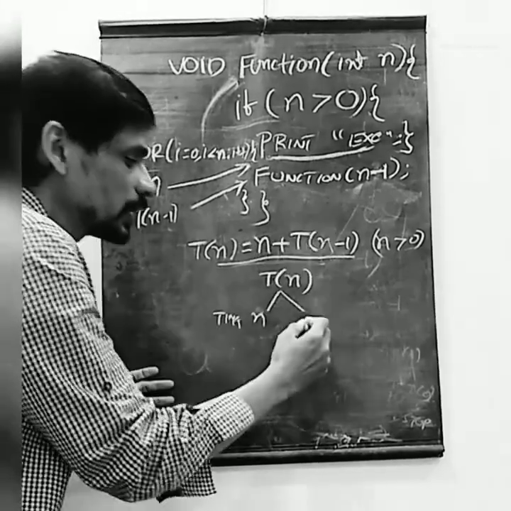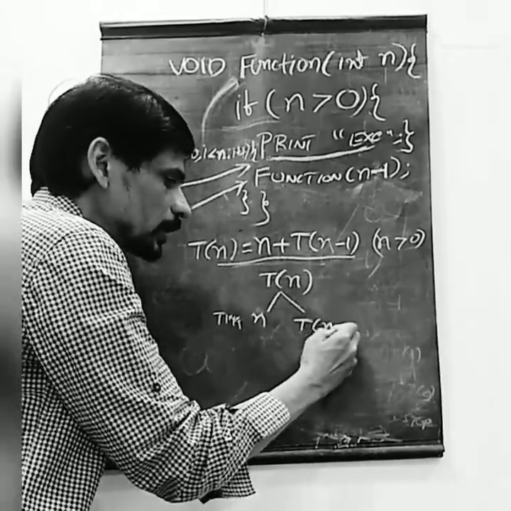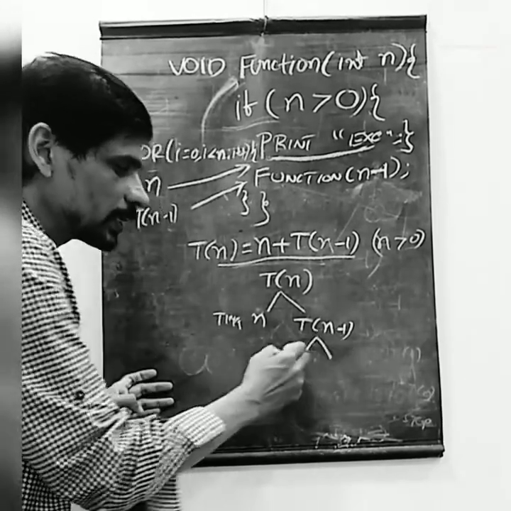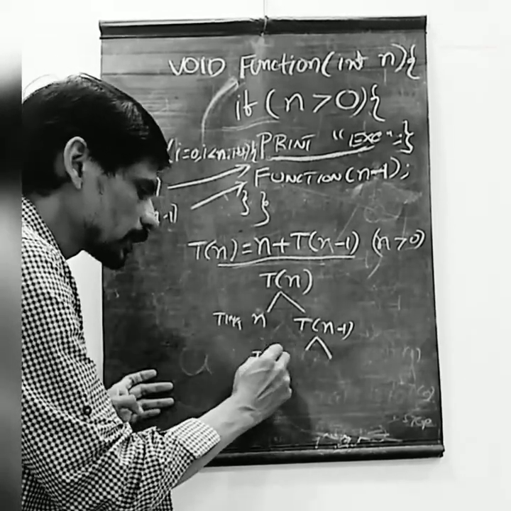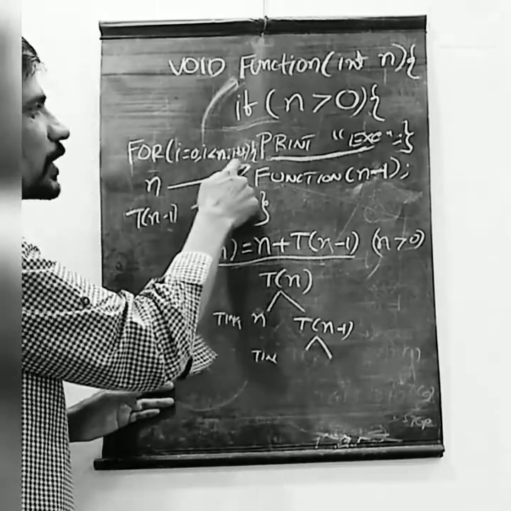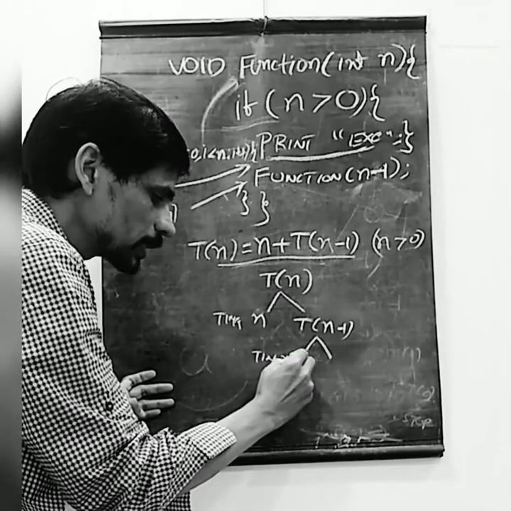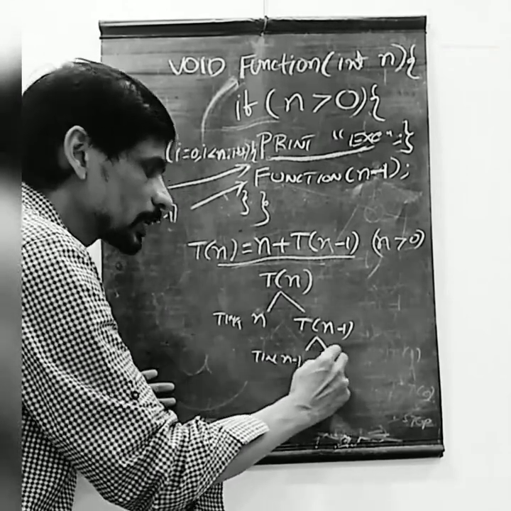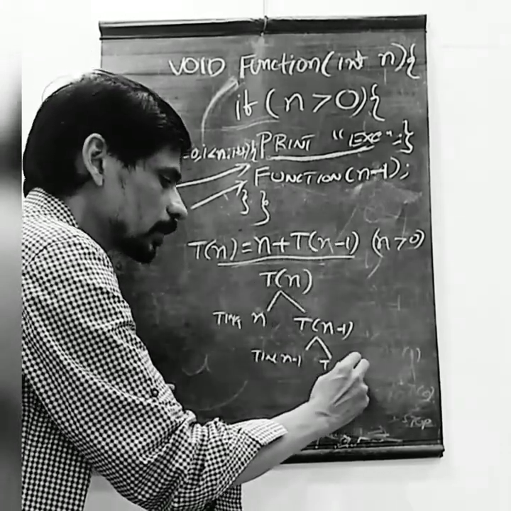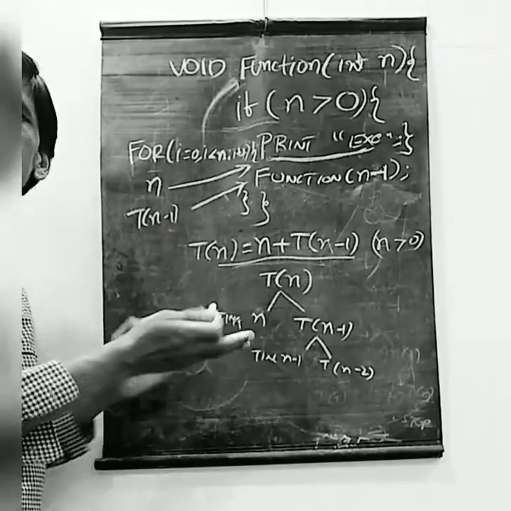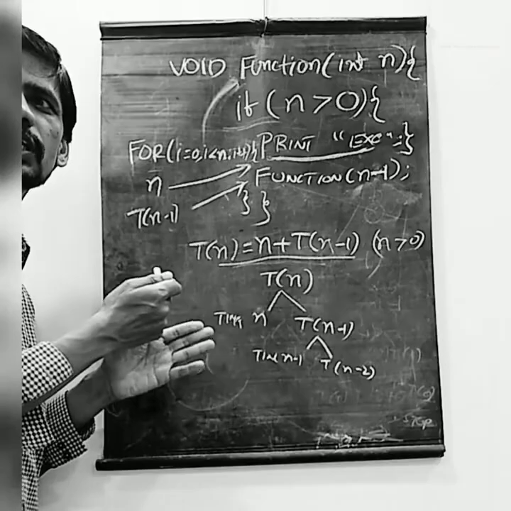And what else are we doing? Again I am calling n minus 1. So what will happen again? Here how many times will I print? Because my n will be n minus 1, n minus 1 times I will print, and again I will call t of n minus 2, right? So this is the same as our previous case.